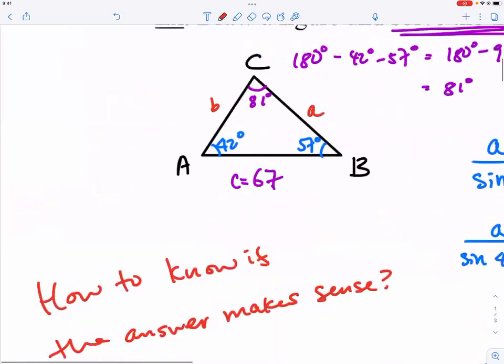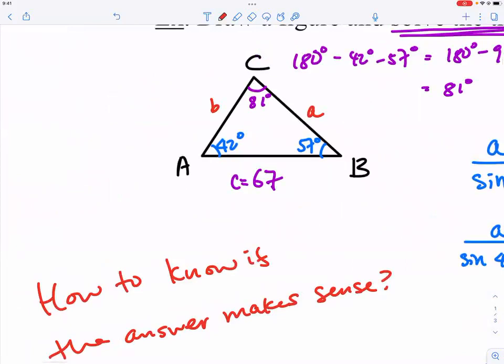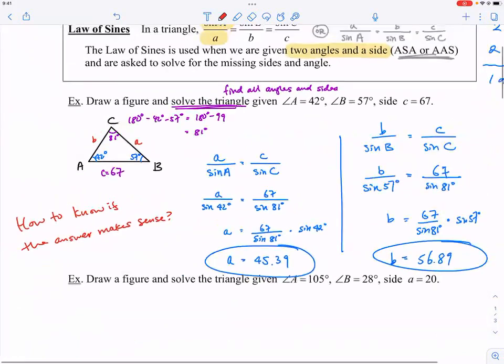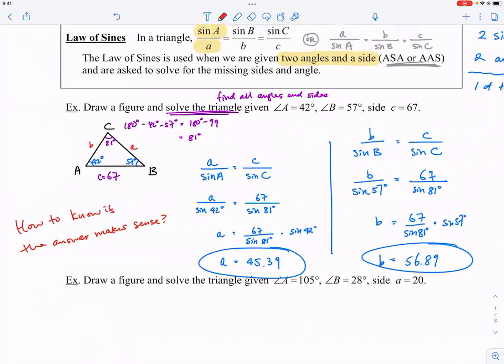And if you look at the angles right here, angle C is the largest. So side C must be the longest. So when you calculate your side A and side B, they should be smaller than C.